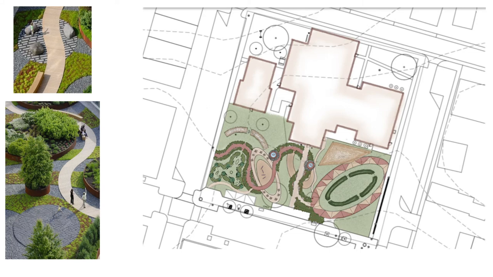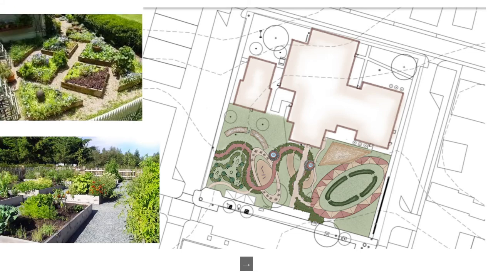And then perennial plantings, making the space healthier. She also included edible gardens too, so that folks can come in some way and have some sense of community garden there in her design.